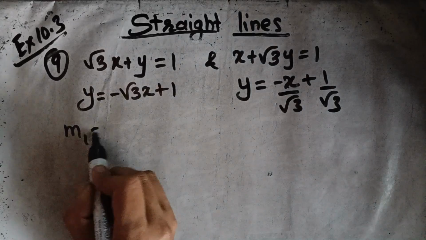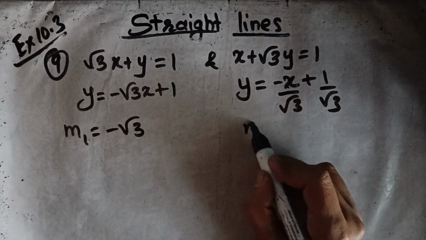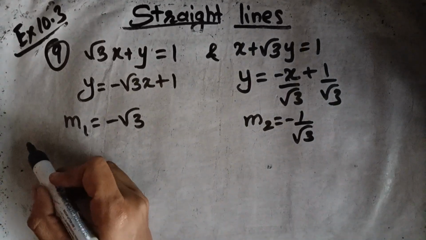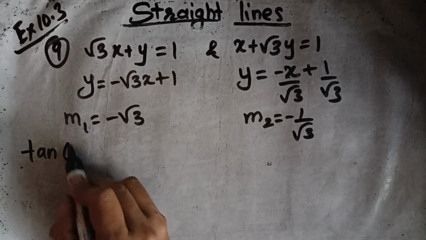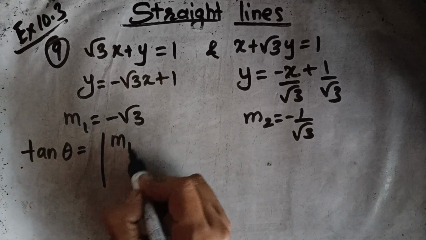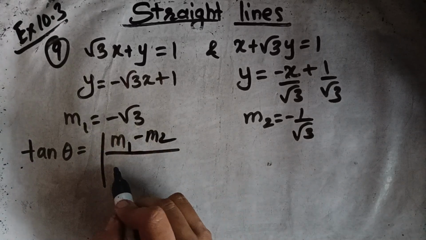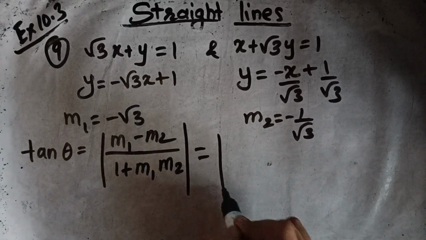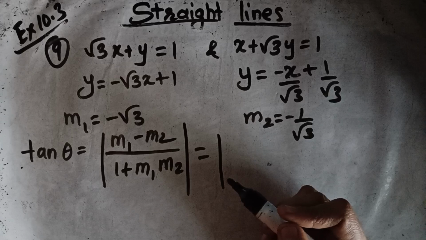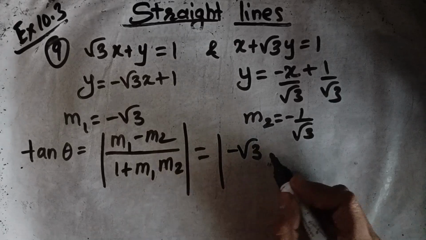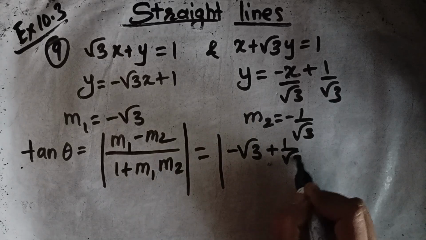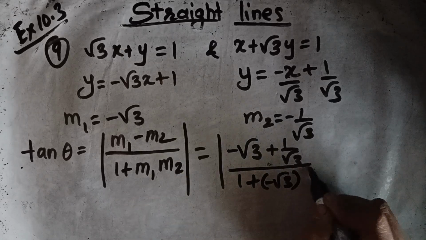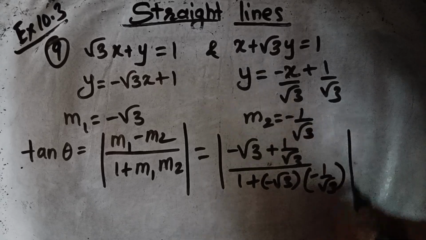So m1 is minus root 3, m2 is minus 1 upon root 3. So what is the how angle is written? Tan theta equal to m1 minus m2 upon 1 plus m1 into m2. m1 is minus root 3 plus 1 upon root 3 upon 1 plus minus root 3 into minus 1 upon root 3. Okay.